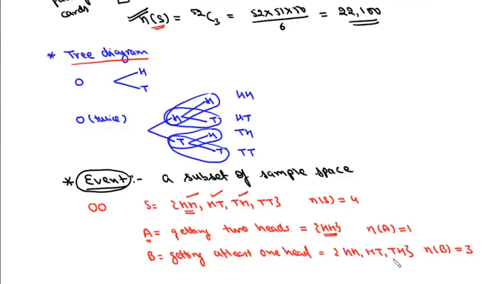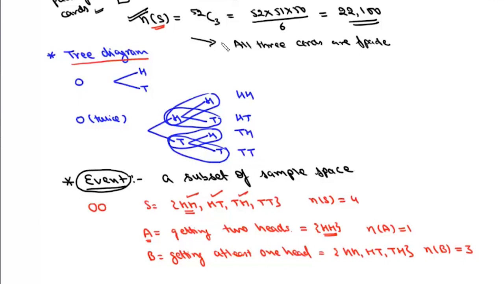And as we have done for sample space, in a lot of cases we won't be writing these favorable outcomes. We'll just find the number of elements in this event set. Say for example, we'll take the same random experiment, drawing 3 cards from a pack of 52 cards, and we know that the number of elements in the sample space is 22100. Now we want to find the chance that all 3 cards are spade.